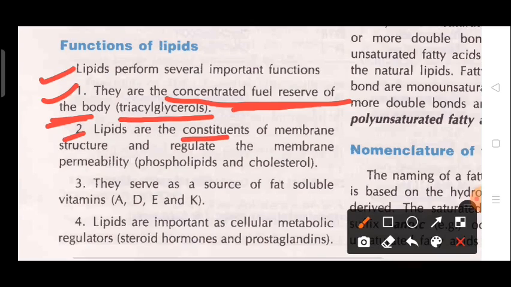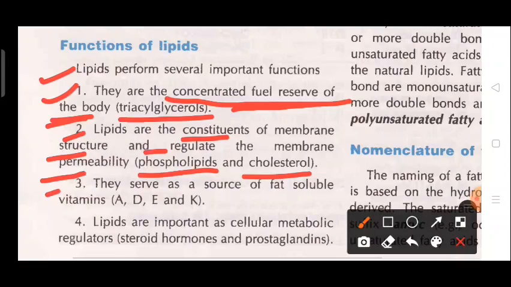Lipids are constituents of membrane structure. This is the main important thing. They are the main constituent of the cell membrane and regulate membrane permeability. In the membrane, lipids are present in the form of phospholipid and cholesterol.